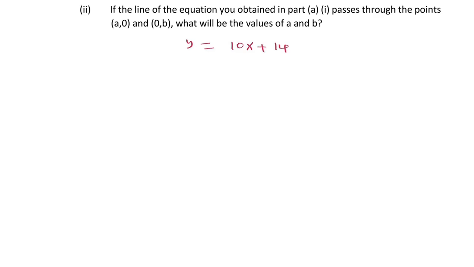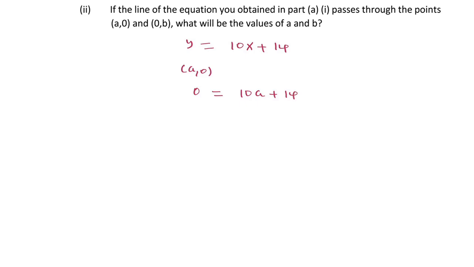Okay, so we are starting with this point (a, 0). For this one, we are going to substitute x for a and y for 0 into our equation. Then it's going to be 0 equals 10a plus 14.